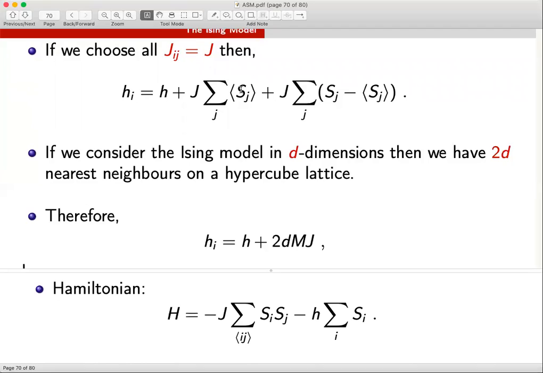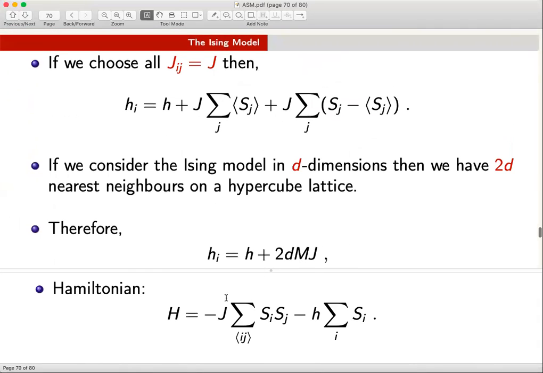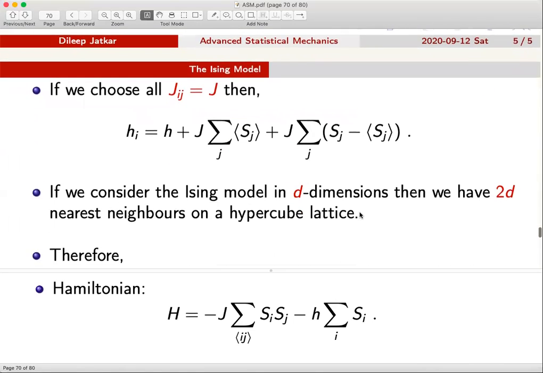But that magnetic field comes from the magnetization of the system, and therefore we replace this by the magnetization. So Hi would be the external magnetic field plus 2 times D, the dimension in which we work, times the average magnetization from the nearest neighbors times J. Fine.